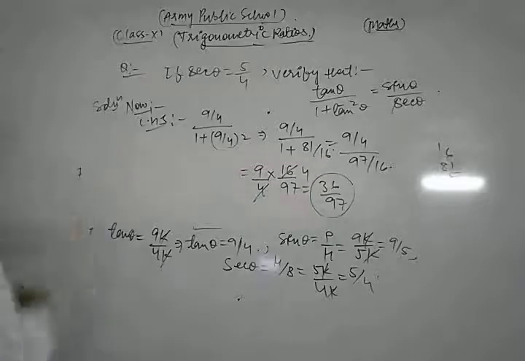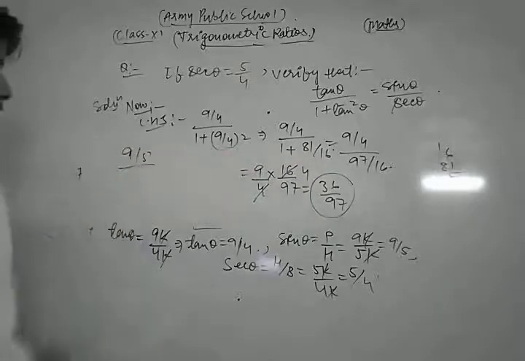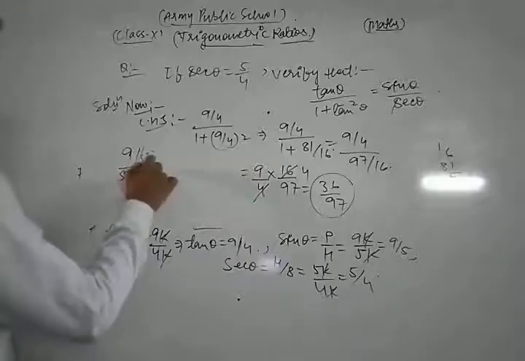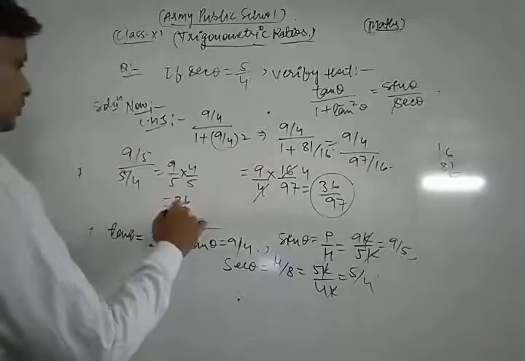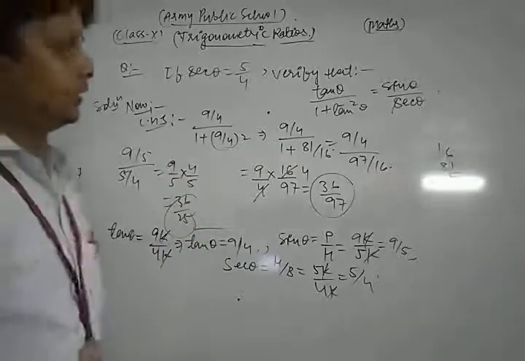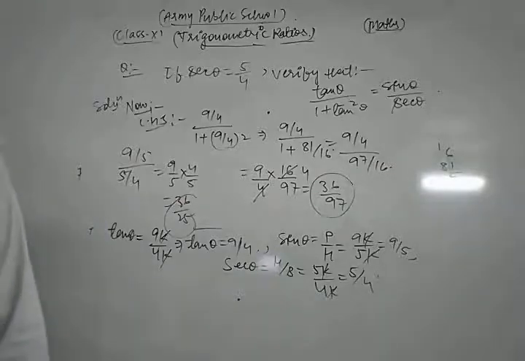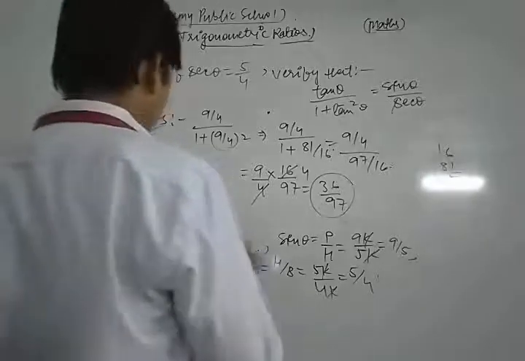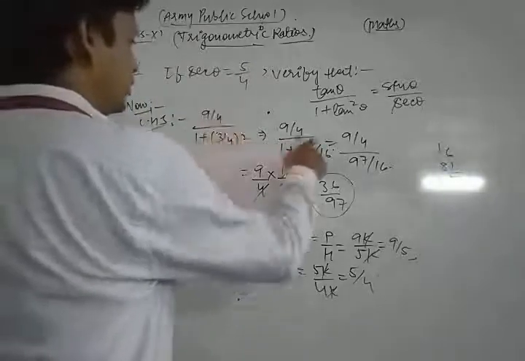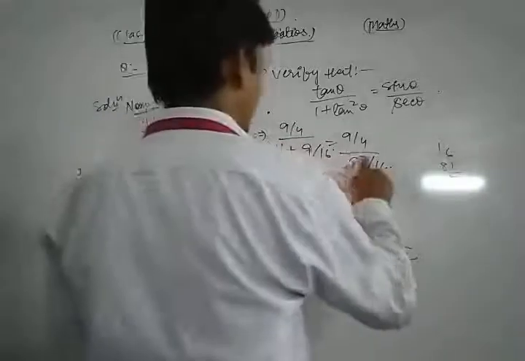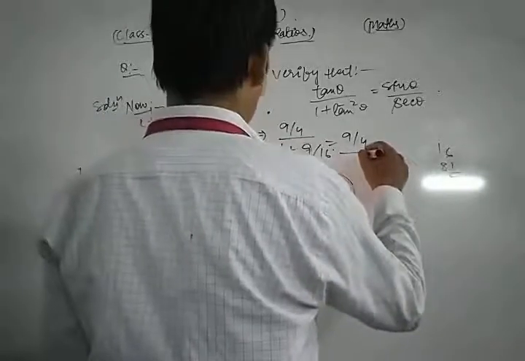Now we take the right hand side. The value of sin theta is 3 upon 5 and the value of sec theta is 5 upon 4. So we get 3 upon 5 into 4 upon 5, which is 12 upon 25.